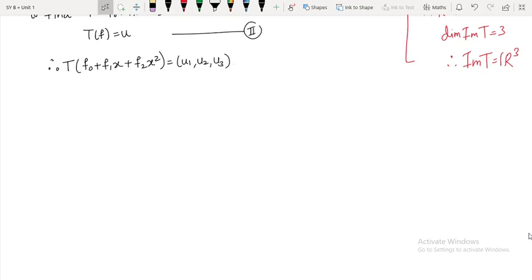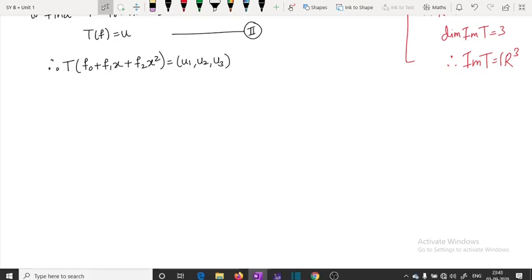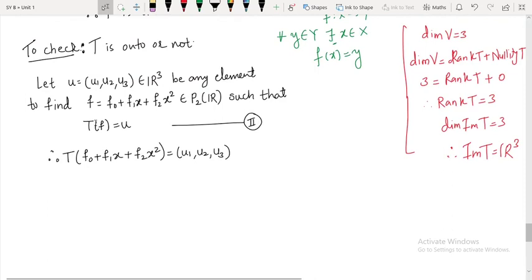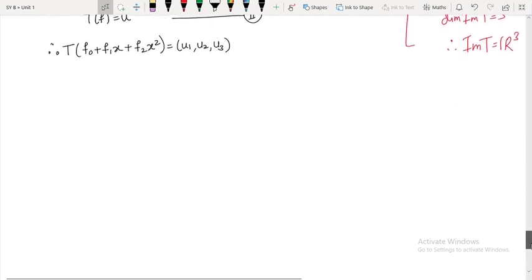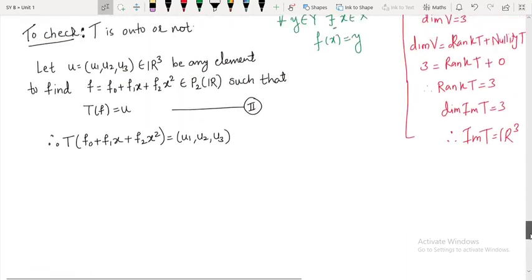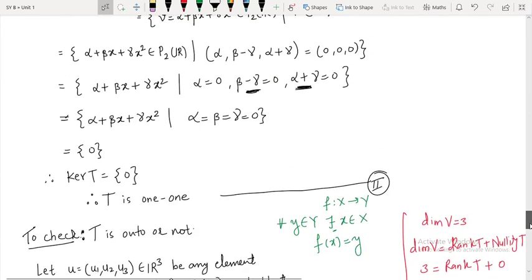As you know, this will be required to find T inverse. And now note, whatever f0, f1 आणि f2 आपण शोधणार आहोत, that should be elements of R. And how is the function defined, that we have to see now. It is alpha, beta minus gamma and alpha plus gamma.